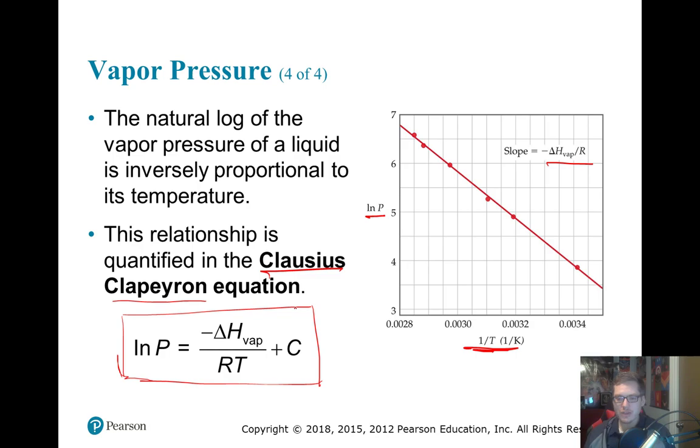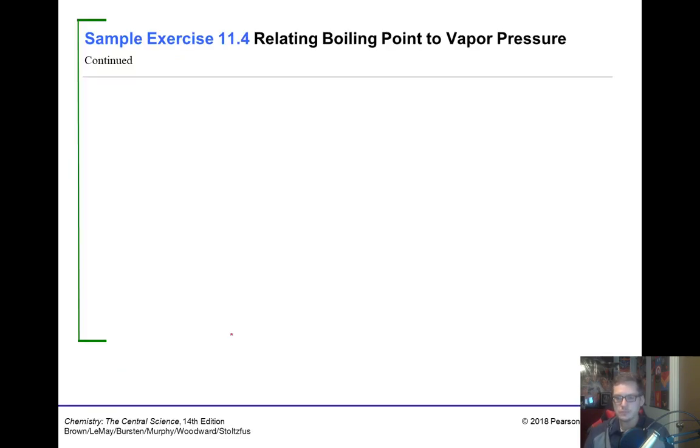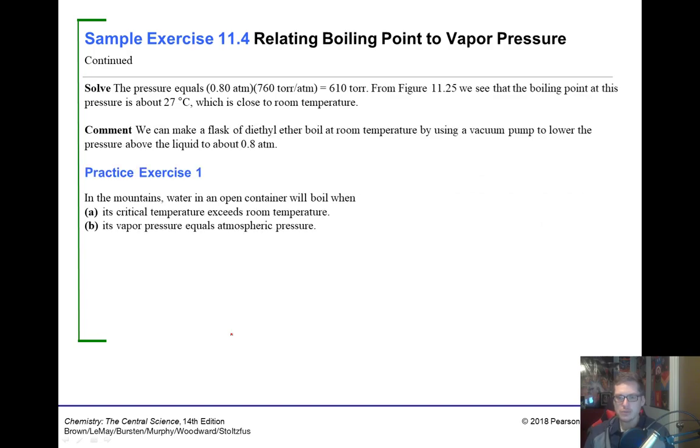If we can find the vapor pressure at room temperature, we can use the Clapeyron equation to figure out what the vapor pressure would be on the surface of Mars or under the ocean, or whatever we want. This is really super handy. All right, a couple of practice problems here.